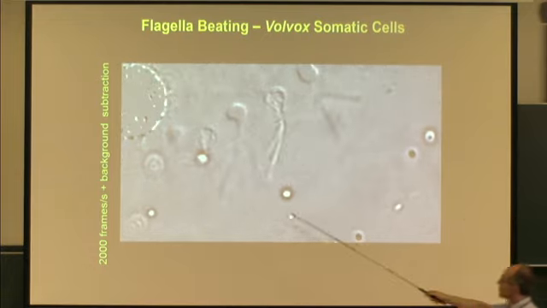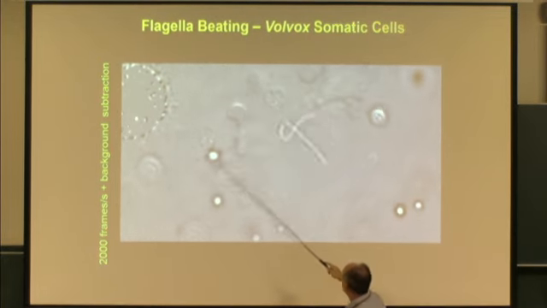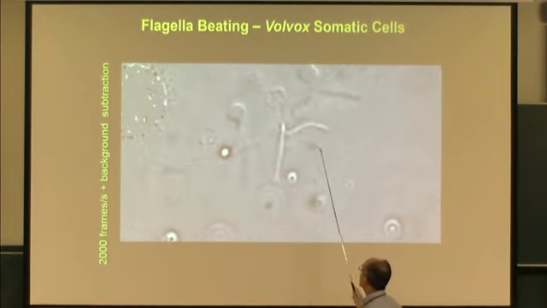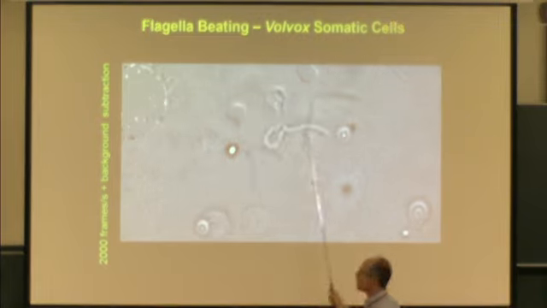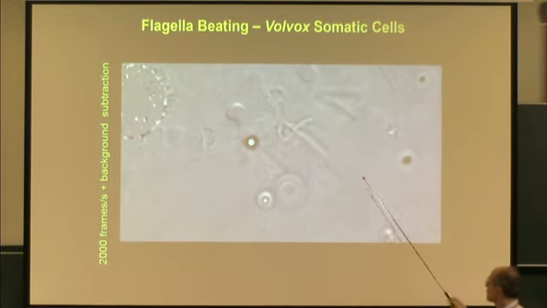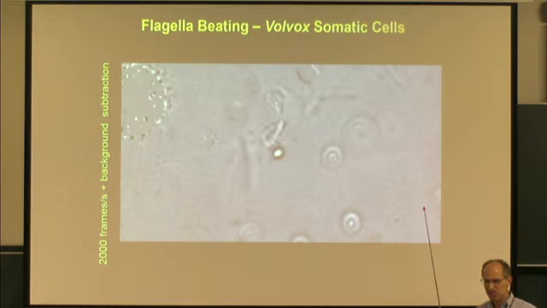So here's Volvox on a micropipette. Here's a daughter colony. It's been image processed, obviously. This whole thing is 0.5 millimeter across. This is about 12 microns. And you can see the beautiful beating of the two flagella of the somatic cell and some sense of coordination with the others nearby. So that's the way they ought to be.